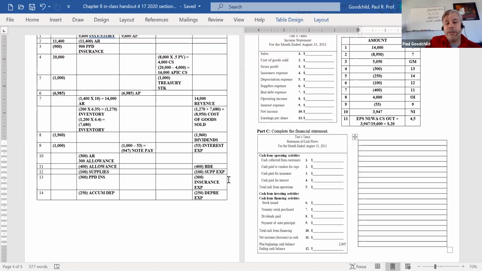Any other questions? So part C and part D, the answers are available. I believe they pop tomorrow, and you can do those for practice.